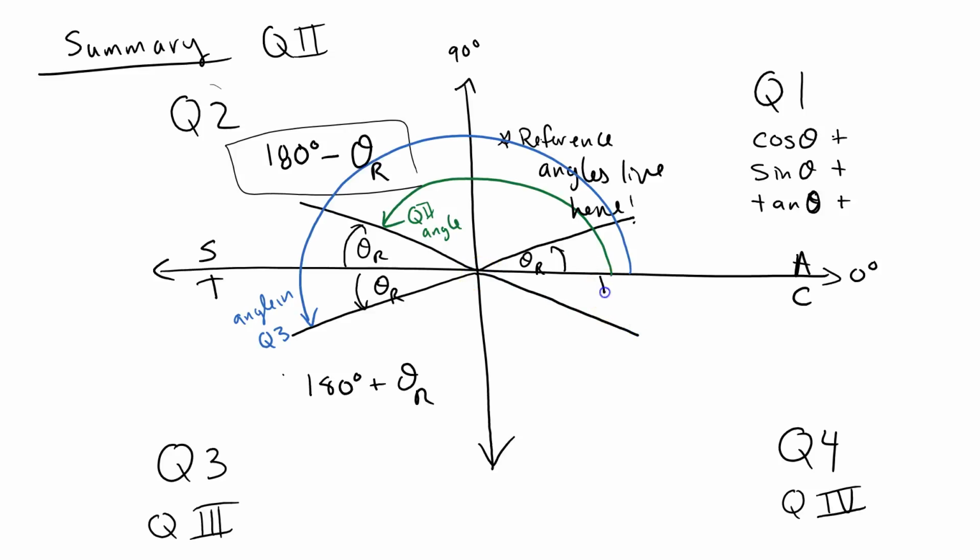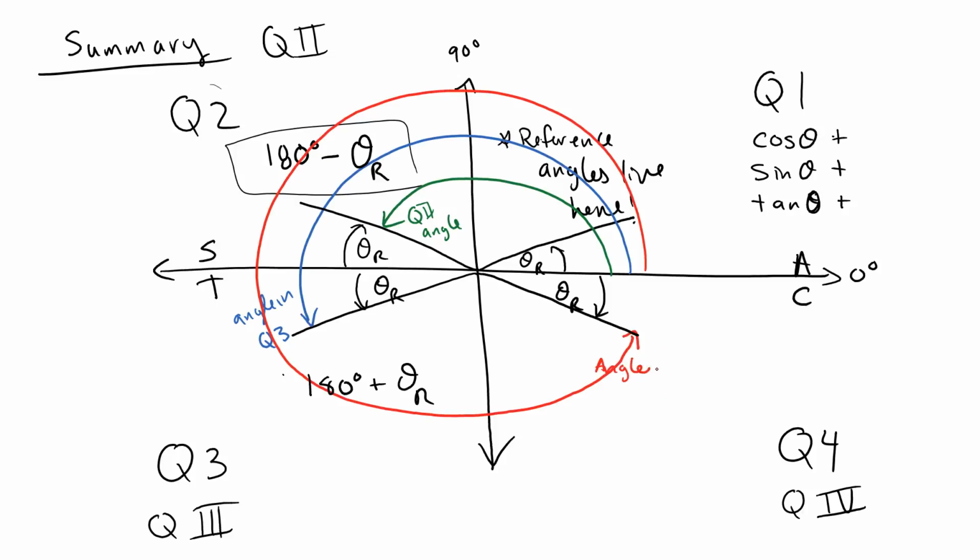Here, we would have theta r, but I'm going to use red here. The angle in the 4th quadrant, the way that we would get that would be 360 degrees minus the reference angle.